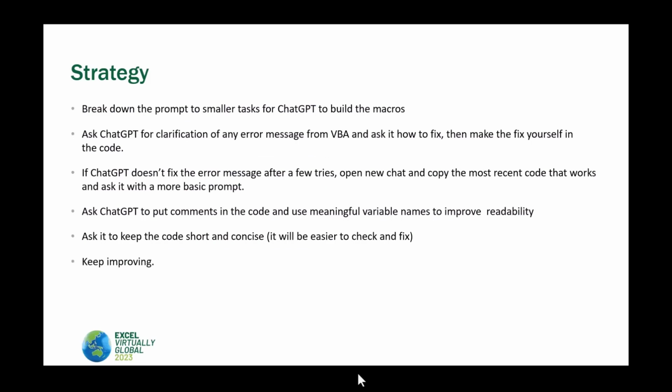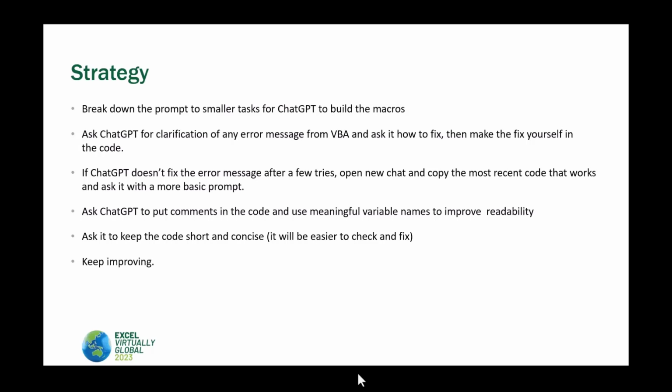Alright, what would be a good prompt strategy to ask ChatGPT to help us build a macro here? In my example, we can break the prompt down into smaller tasks and ask ChatGPT to build a macro for each task. After that, we can ask ChatGPT to combine all of that into one big module.